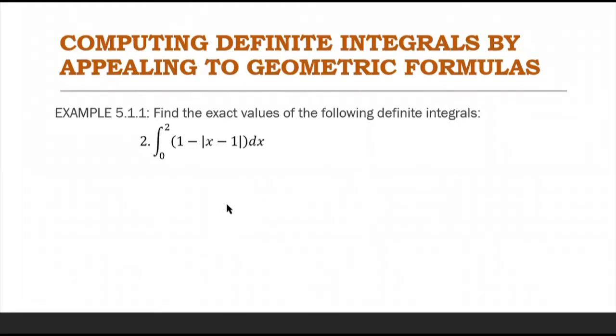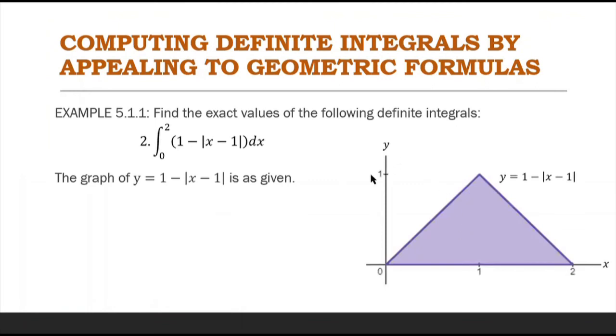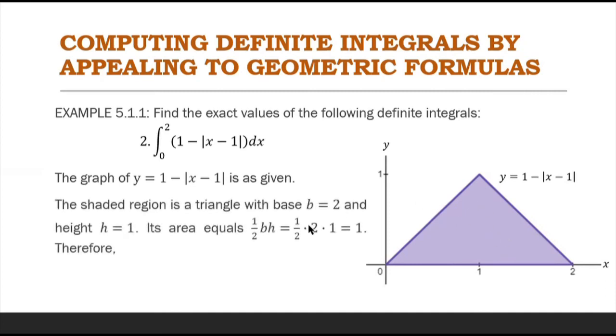Next, number 2 under example 5.1.1. So based on the graph of this definite integral, integration of 1 minus absolute value of x minus 1 dx, from 0 up to 2. So the graph of y equals 1 minus absolute value of x minus 1 is given as, okay, so ito yung kanyang graph. Then, pag tingnan natin yung area bounded ng function, the shaded region is a triangle with base b equals 2.